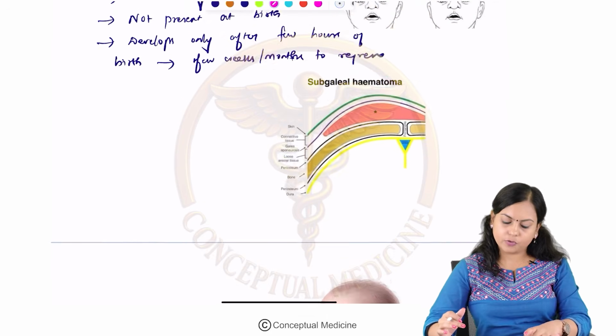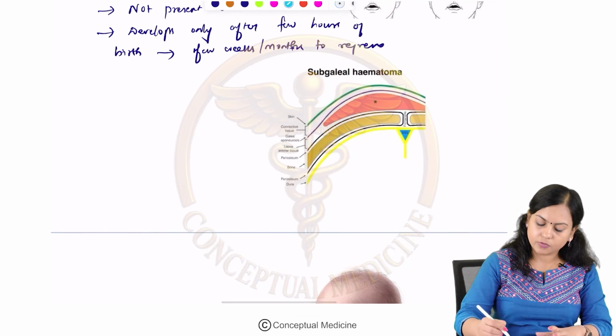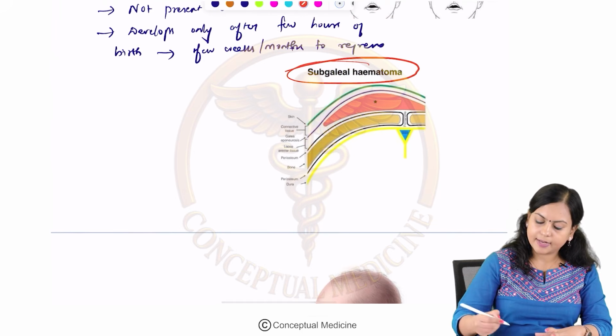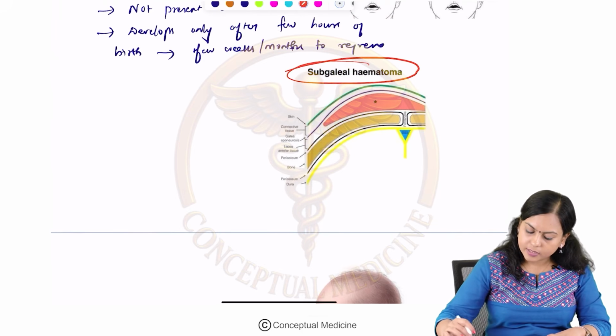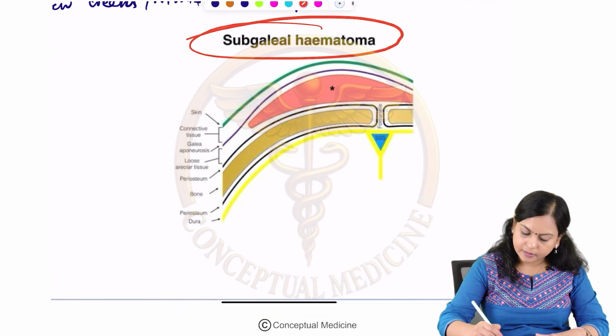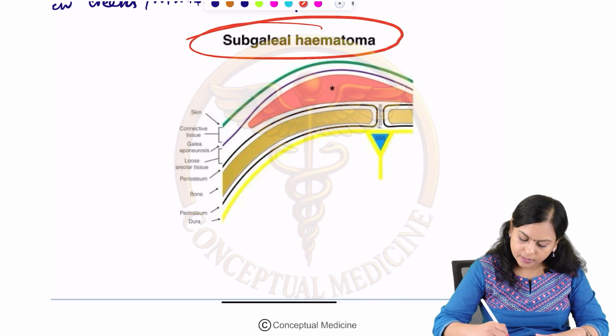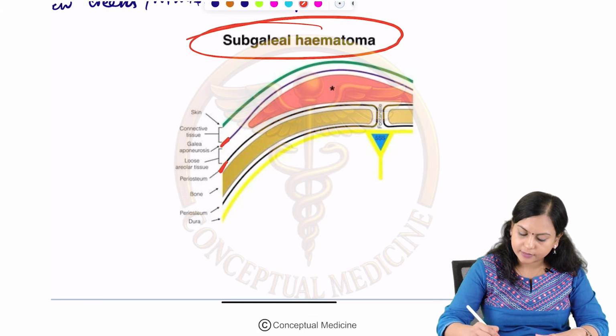Also, we can have two more swellings in the fetal skull at birth. So, one can be subgaleal hematoma, where the bleeding is formed between the periosteum layer and the galeal aponeurosis of the fetal skull. Okay.